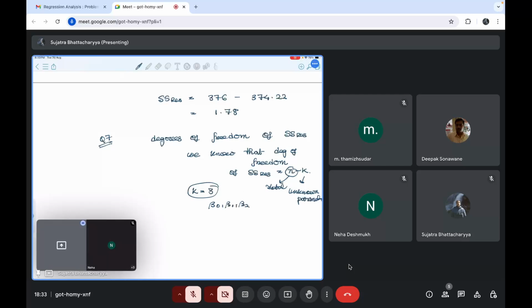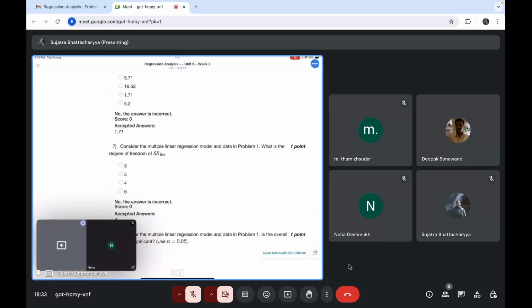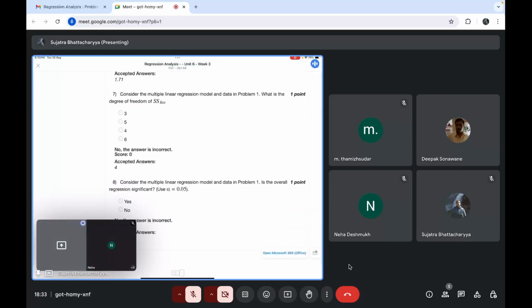Fine. And total number of samples is n, which is 7. So the degrees of freedom of SS residual will be 7 minus 3, which comes out to be 4. So this SS residual will have 4 degrees of freedom. Let's check. Yes, accepted answer is 4.